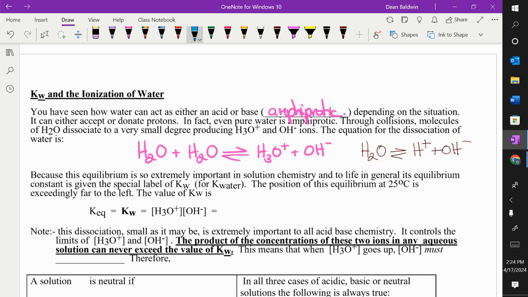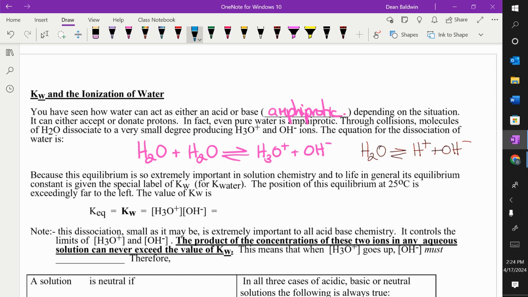It's very low in water. So water has a special equilibrium constant. We call it the Kw, for water. It's a tiny number. The Kw is the concentration of this times the concentration of this. Why do we not include these?